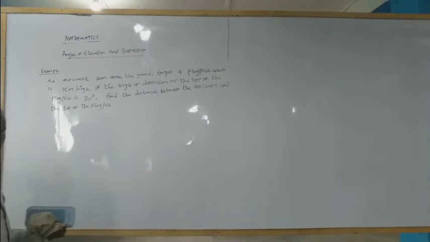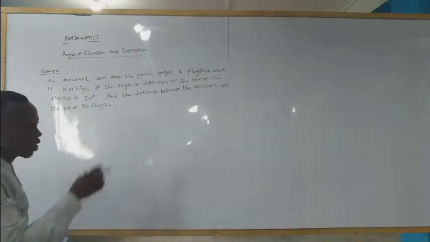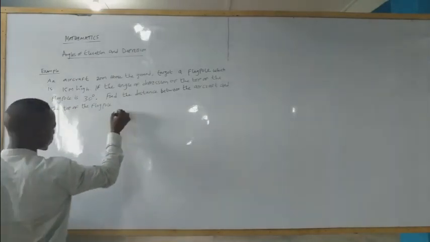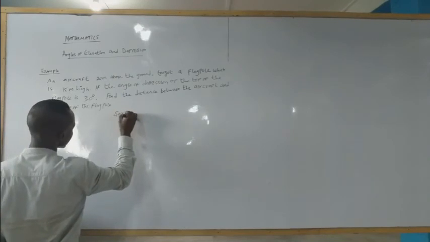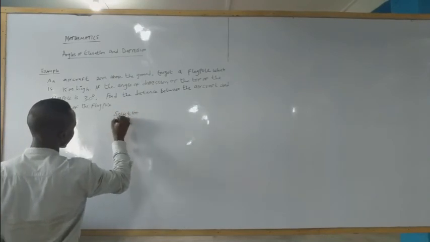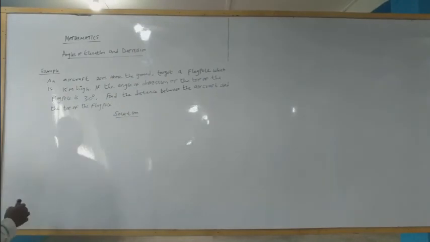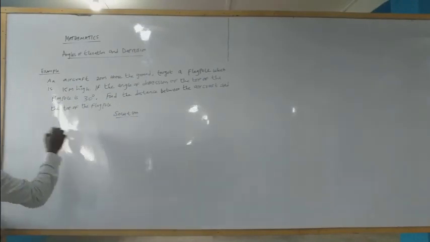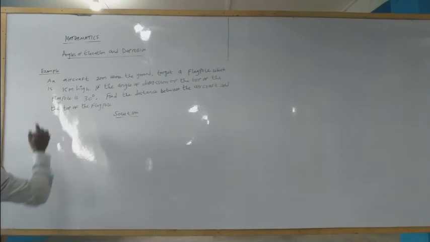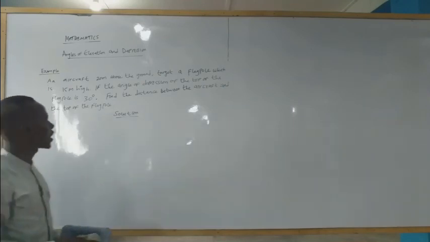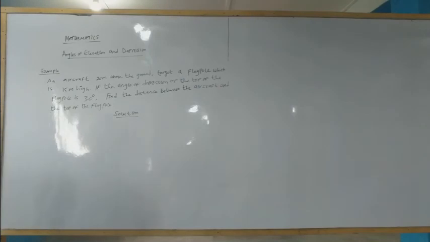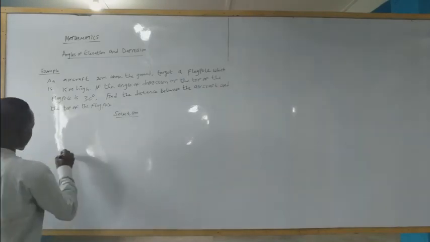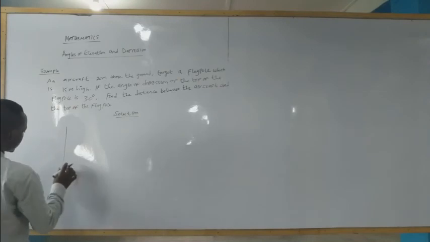Here's another question under angle of depression. So we are quickly going to look into this. It says an aircraft 20 meters above the ground targets a flagpole which is 15 meters high.